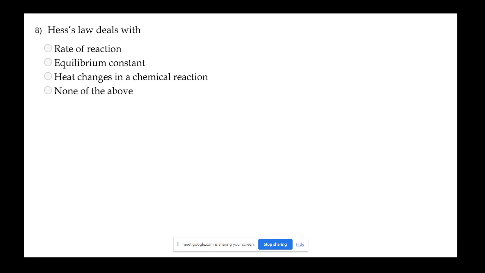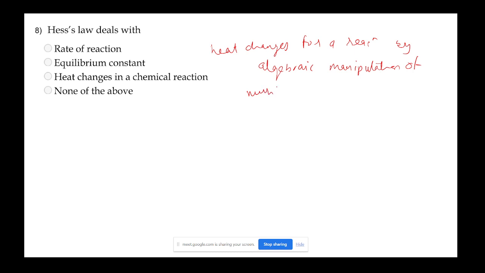Now again a question on Hess law. Hess law deals with dash. What it deals with is that we try to find out heat changes for a reaction by algebraic manipulation of a number of reactions.